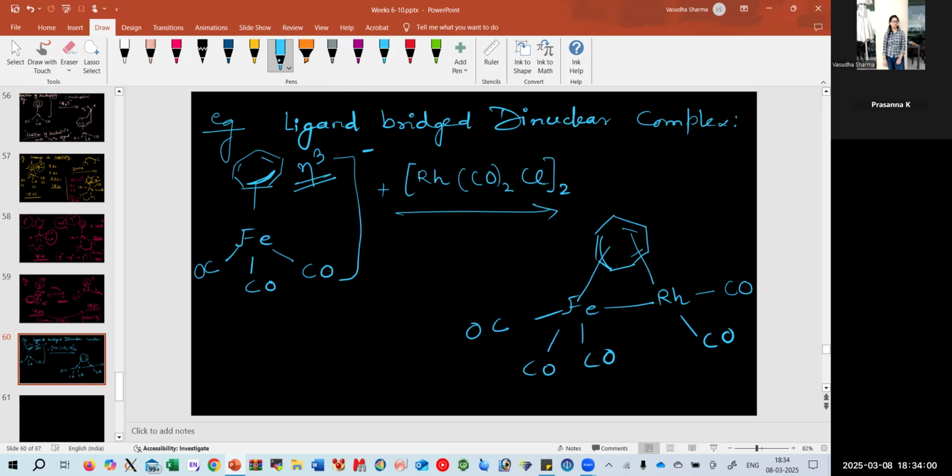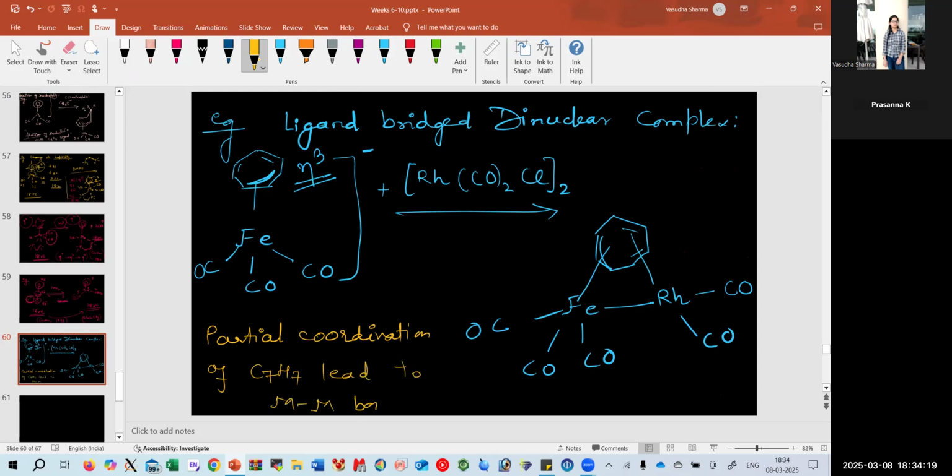So here, what we want to say is partial coordination, which we were seeing in this particular substrate. Partial coordination, this is an important point. Coordination of C7H7 has led to metal-metal bond formation, where one metal center is iron and another is rhodium.